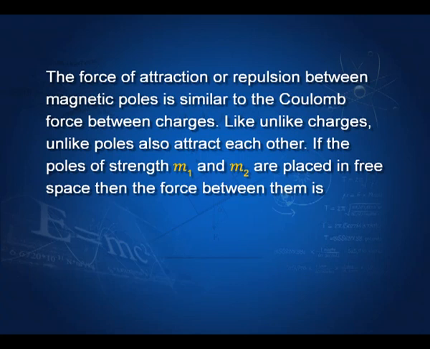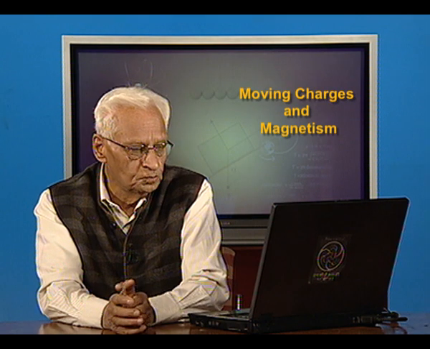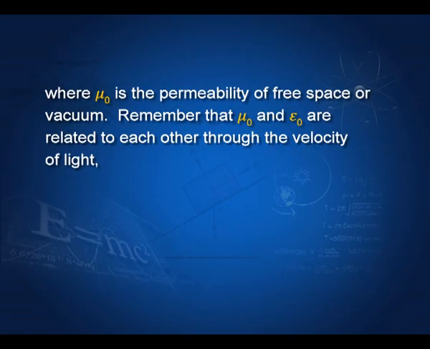Here also, like poles repel each other and unlike poles attract each other, and the force between the two poles is mu 0 by 4 pi into m1 m2 by r squared, where m1 and m2 are the strengths of the two poles and mu 0 is the permeability of free space or vacuum.